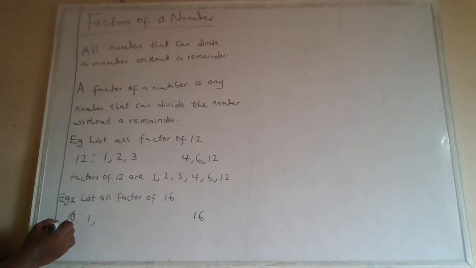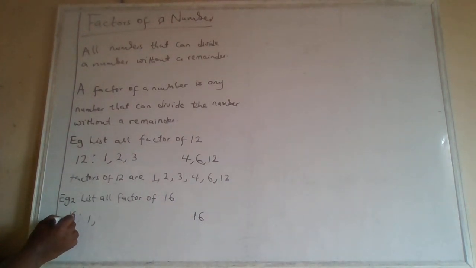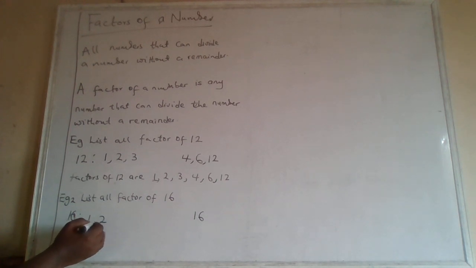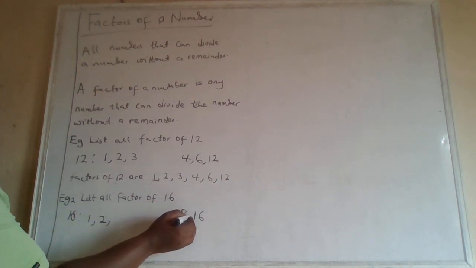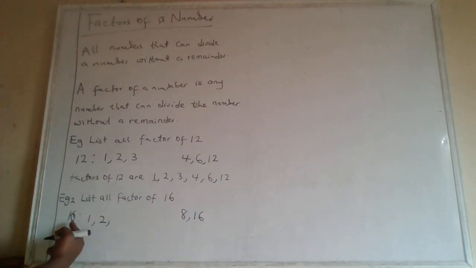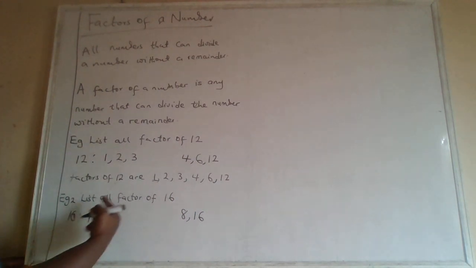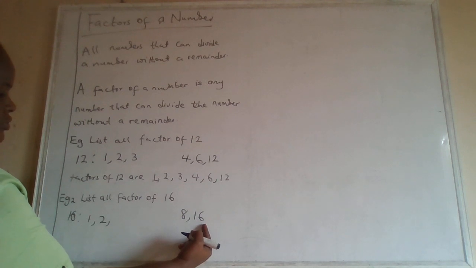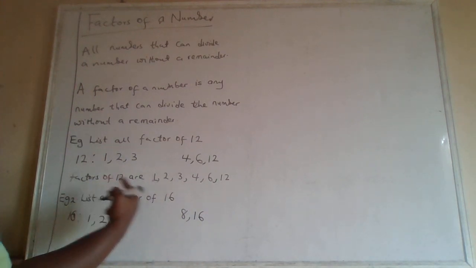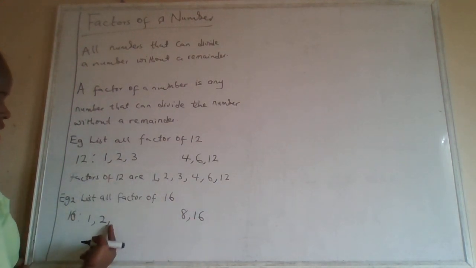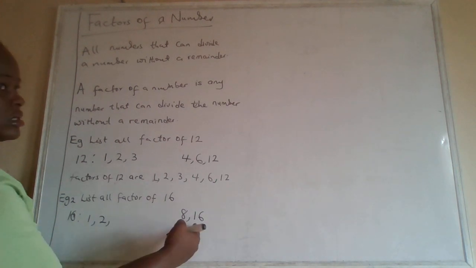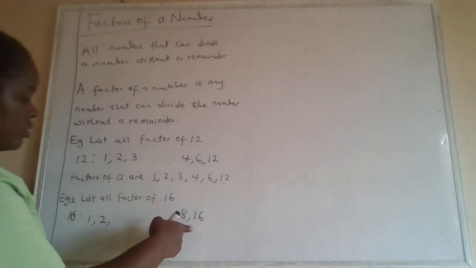The next number that can divide 16 is 2. 2 divides 16 will give us 8. Observe how I write the answer that it gives at the extreme. Once I start getting the numbers here, then that means I have exhausted all the factors of the number.